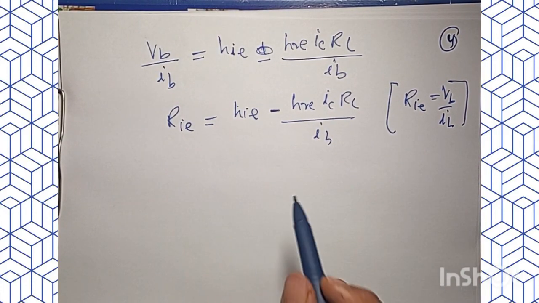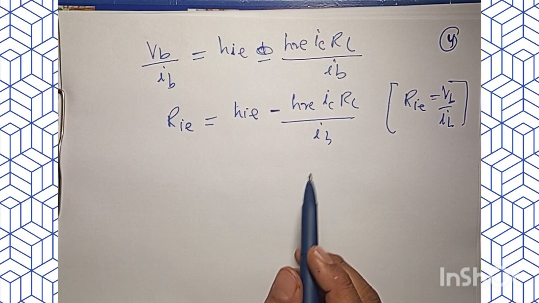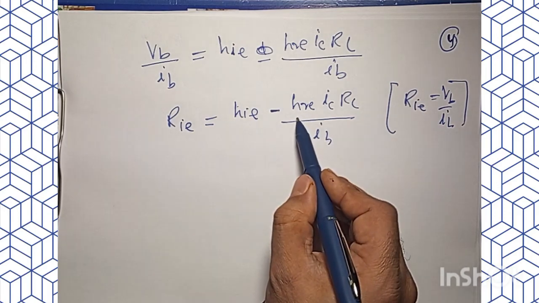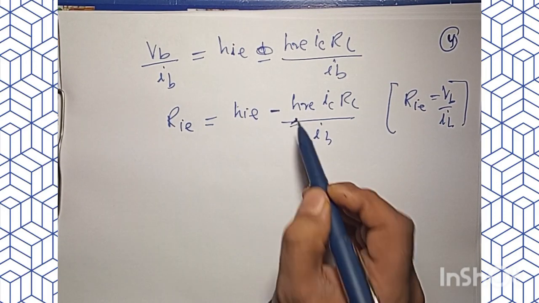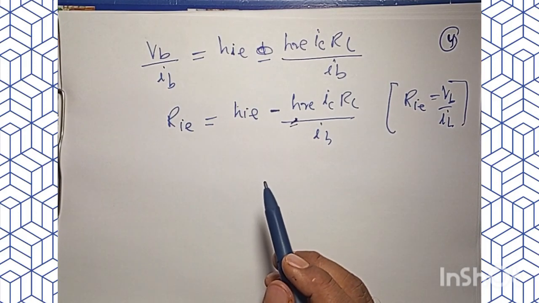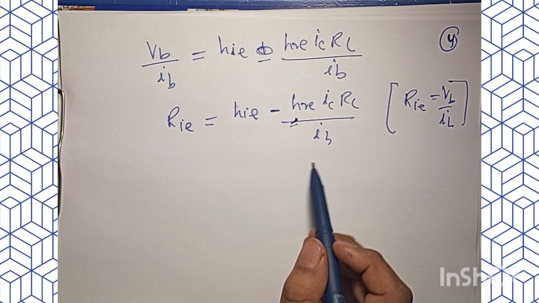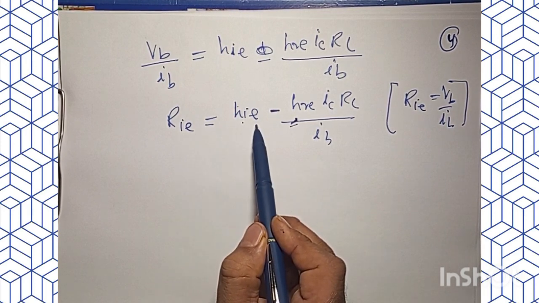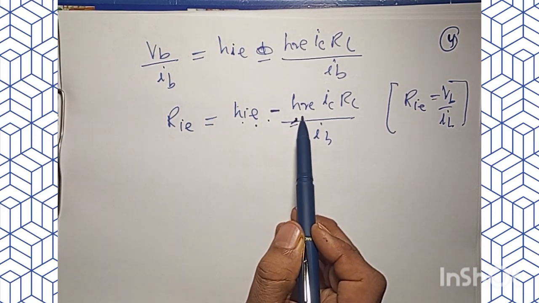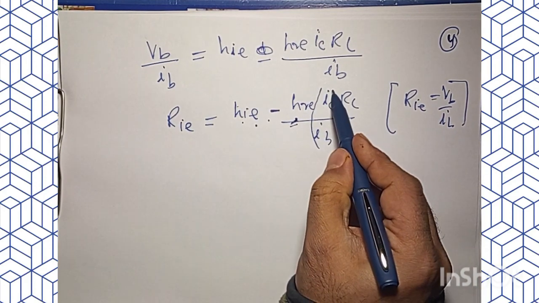Now, can I have anything more that I can think of here is that this HRE, right? What is this HRE? That is another important thing to be considered at this point: this RIE is HIE minus HRE, and here I have IC by IB.